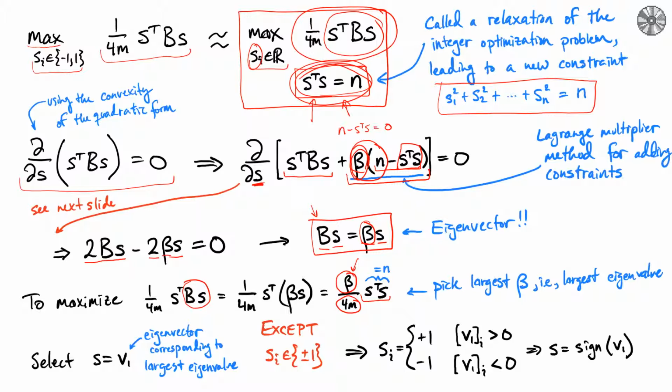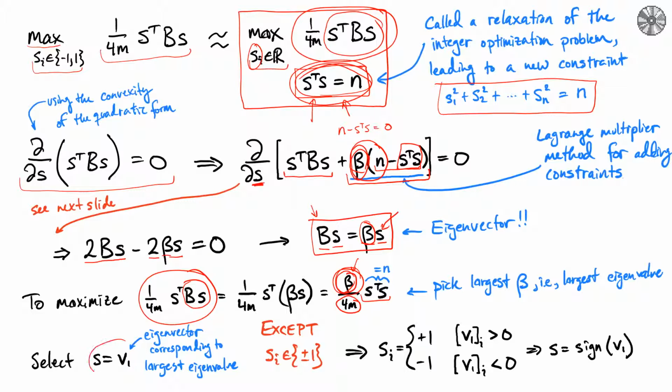And so the only thing that changes with our choice of S is going to be this beta value. And so since we want to maximize Q, we want to maximize this whole quadratic term, so we're going to try to maximize beta. For that reason, we pick the largest beta. And that means that the solution S that corresponds to the maxima is the eigenvector that corresponds to the largest eigenvalue.